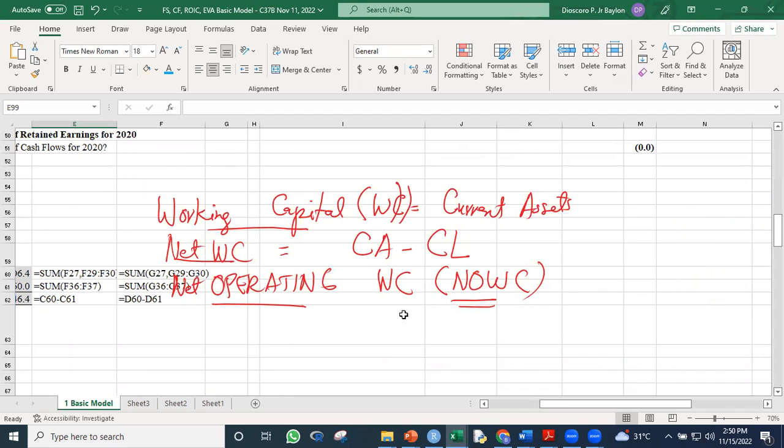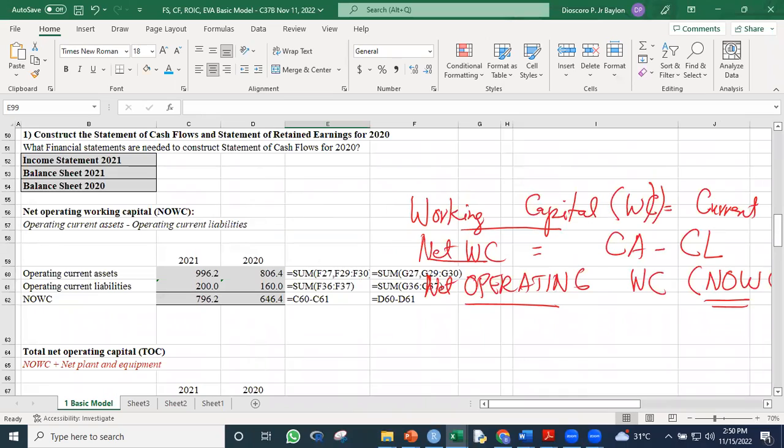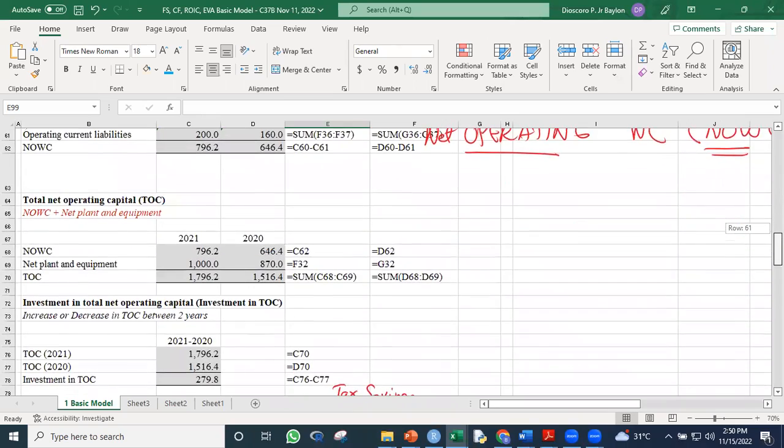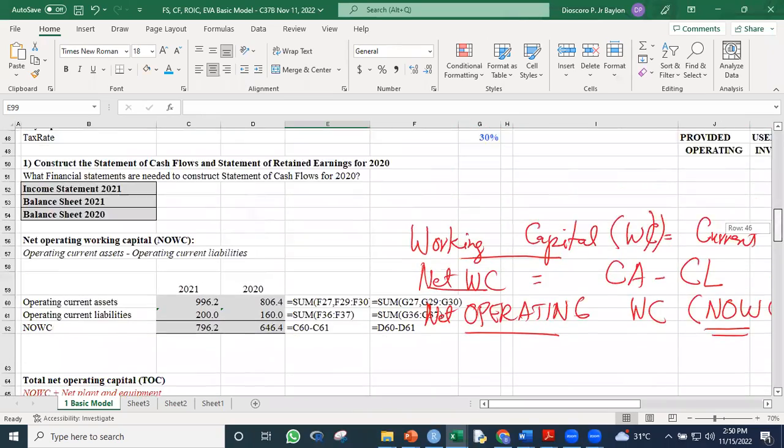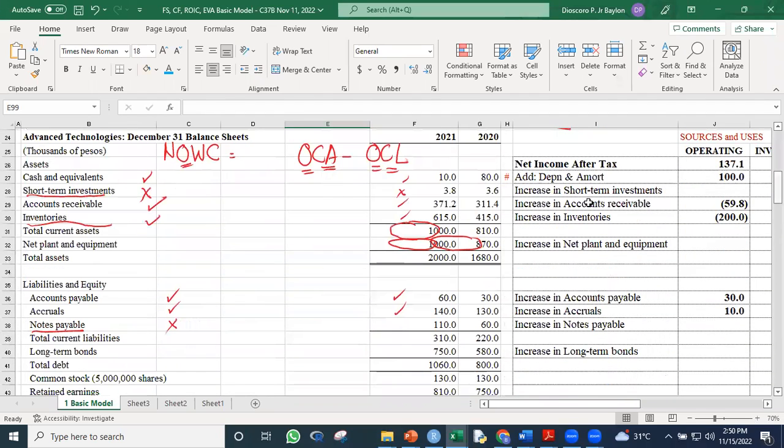There's another measure called NOWC. It's not NWC, it's NOWC, where you have the descriptor operating. So it's net operating working capital, and we have defined this to be the operating current assets minus operating current liabilities.